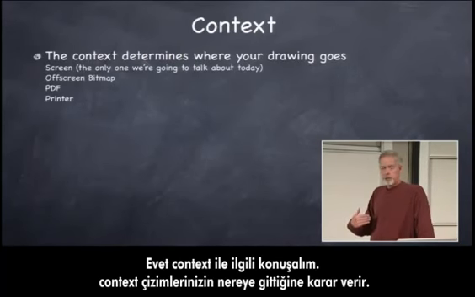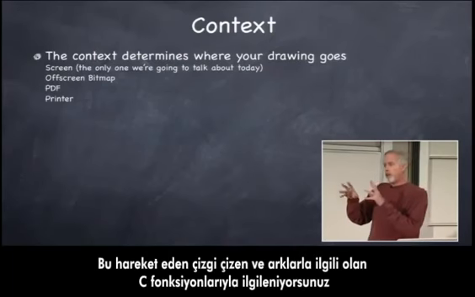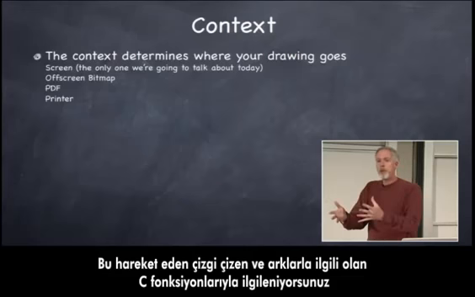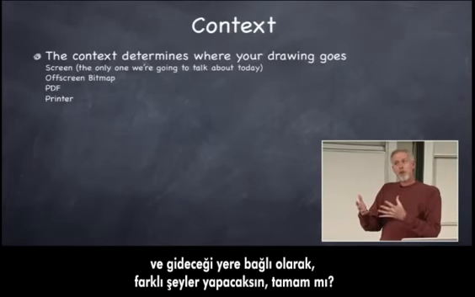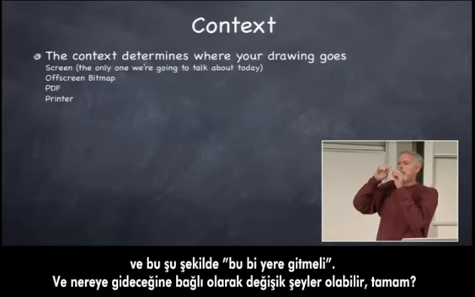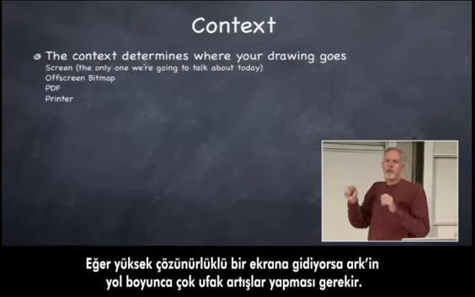So context, let's talk about that. The context determines where your drawing goes. So you're issuing all these C functions drawing lines and arcs, and it's like that's got to go somewhere. And depending on where it's going to go, different things are going to happen. If it's going on screen, on a high resolution screen, the arc has to make really small increments along the way. If it's on a lower resolution screen, maybe it's bigger, fatter pixels, can do it larger.